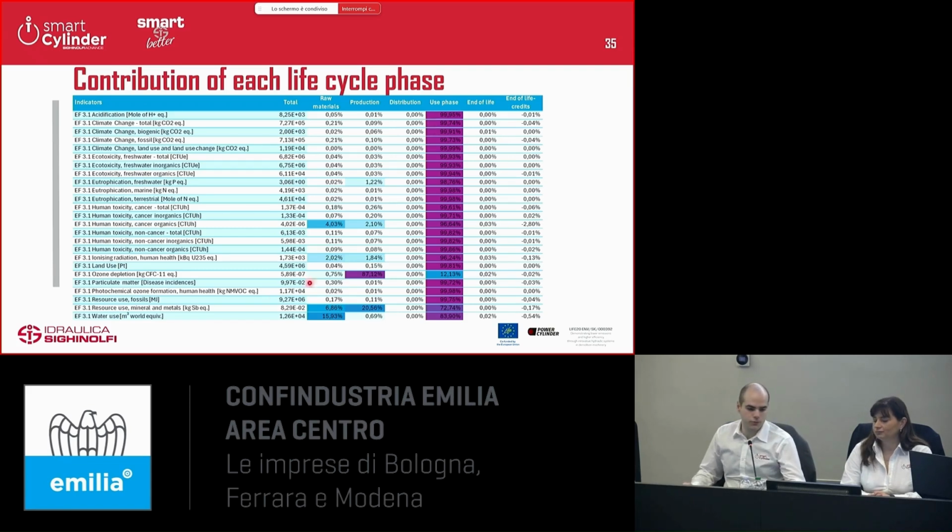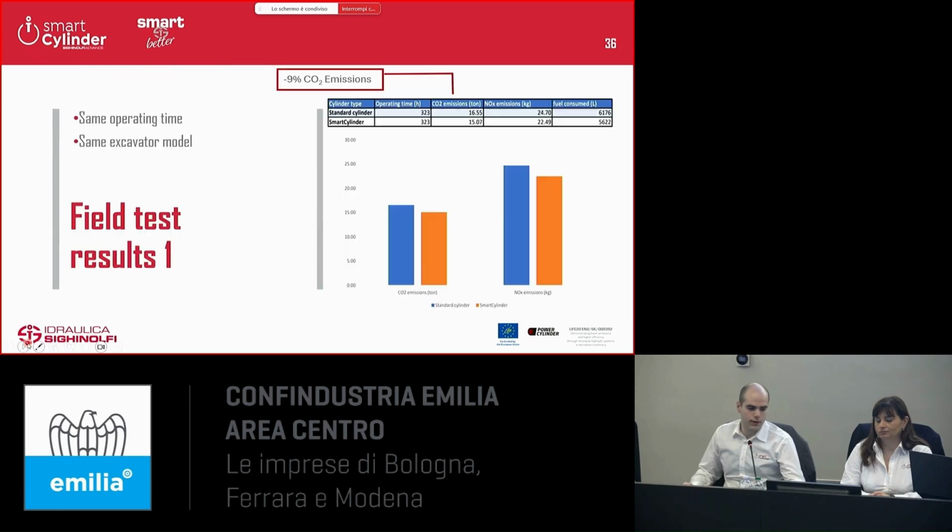So to do this, we can go to the field test results. So we are in field test. We have 6 different demolition attachments, 6 with standard cylinder and 6 with smartCylinder. So in order to have a fair comparison, we should consider 3 different scenarios.